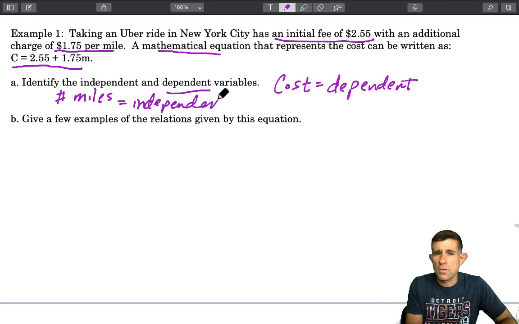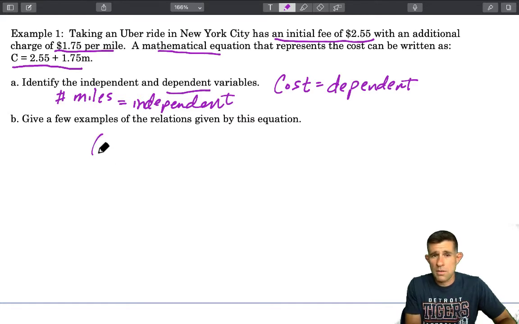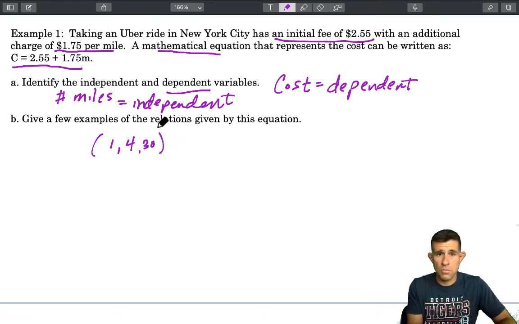All right, now if we were to evaluate this equation up here for different values of miles driven, we could imagine driving 1 mile, and that would cost $2.55 plus $1.75. Let's quick do that math. That's going to give me $4.30. There's one ordered pair, which is a relation. I could then take it 2 miles and get that cost for driving that 2 miles.